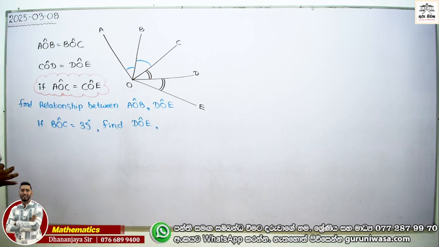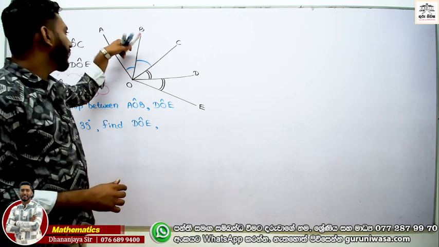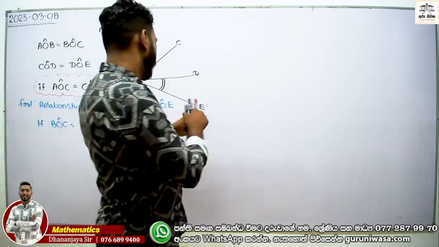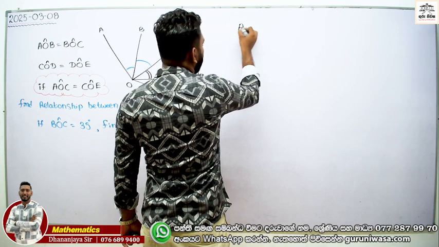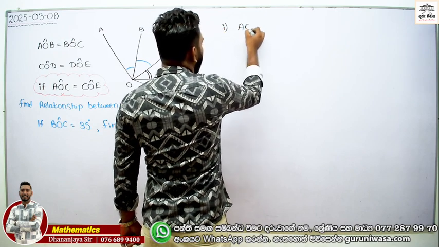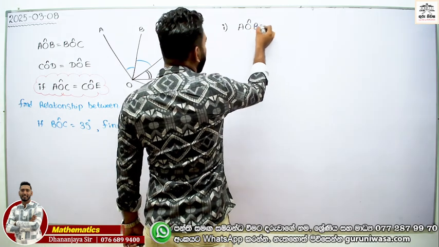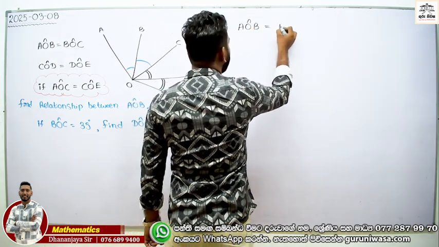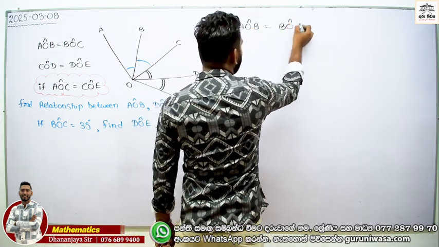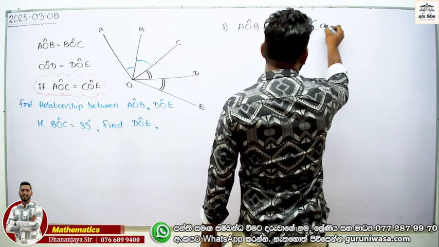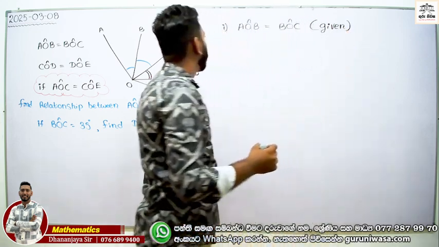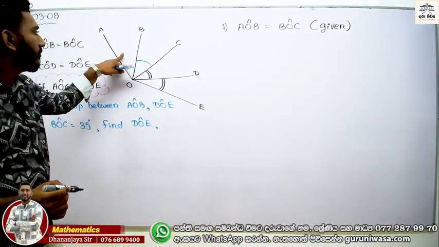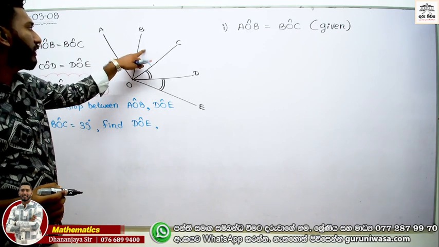Now look at that. AOB is equal to BOC. Problem number one. AOB equals BOC, given.